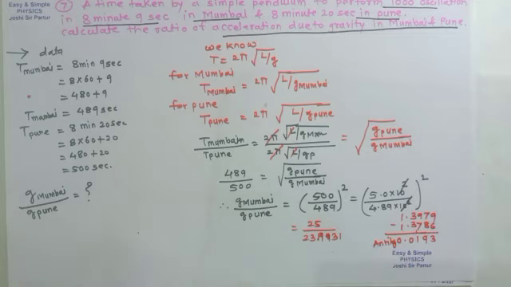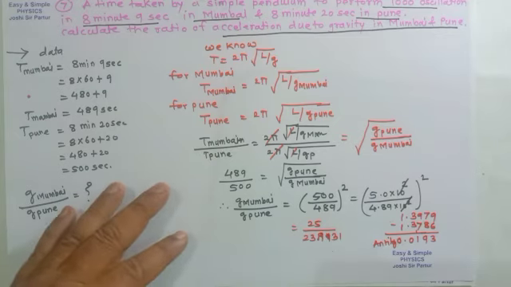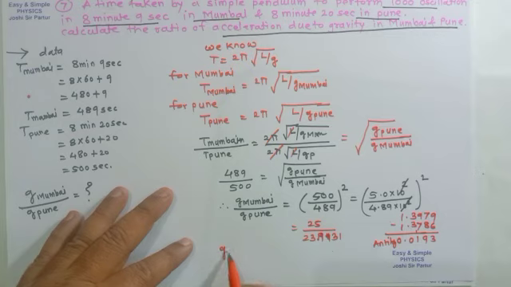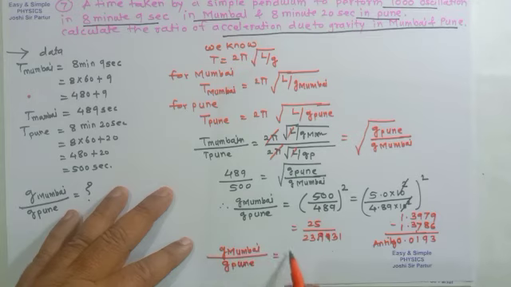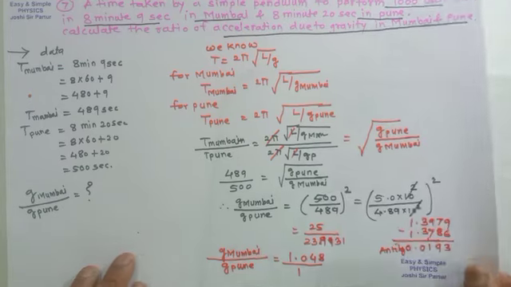Antilog of 0.01, in 9, 3 is in mean difference. So we can find acceleration due to gravity on Mumbai upon acceleration due to gravity on Pune will be 1.048 upon 2 is the ratio for acceleration due to gravity of Mumbai and Pune.